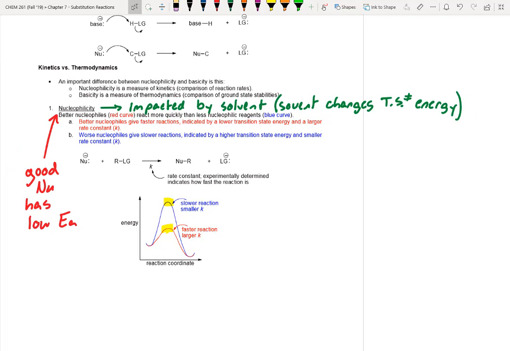All right, what about basicity? Does solvent really change the transition state energy a whole lot for basicity, or does it not even get looked at with basicity? Not really looked at with basicity. Basicity, we don't look at transition state. We only look at delta G. The activation energy is completely ignored with basicity.